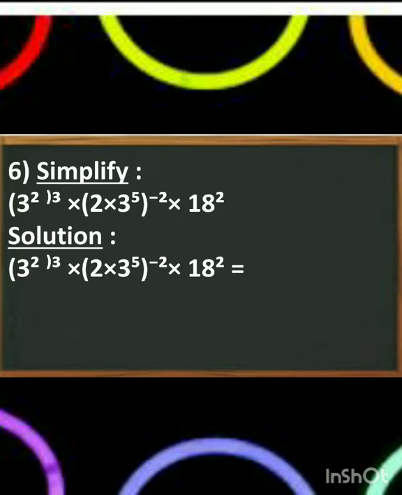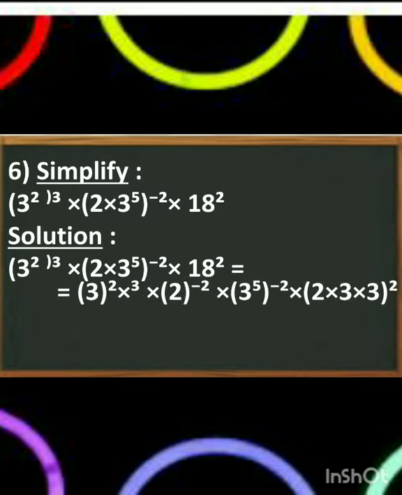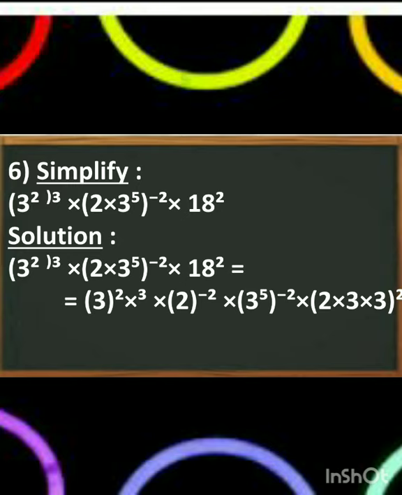Then 18, by using prime factorization method, we can break 18, and then we can take the power as 2. That is 3 power 2 into 3. The powers are multiplied, we have brought that minus 2 inside the bracket. So 2 power minus 2 into 3 power 5 the whole power minus 2 into the product of 18 is 2 into 3 into 3 the whole power 2.